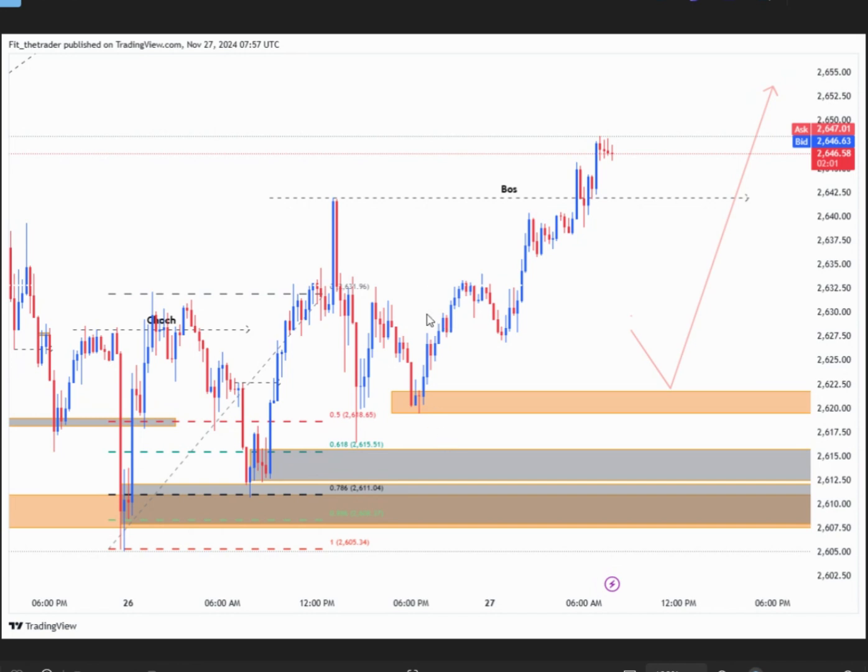The reason I'm saying this is a trend continuation is that this strong bullish candle has closed above this previous high. Okay, so since this is a break of structure, you have to wait for price to come back into the origin that caused the break of structure, and this is the last bearish candle below here.